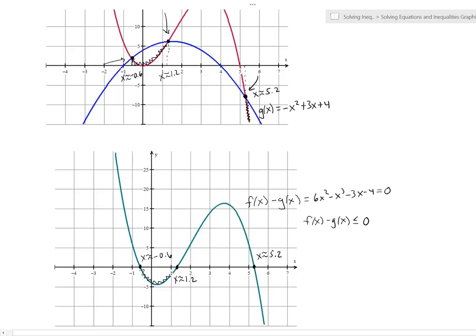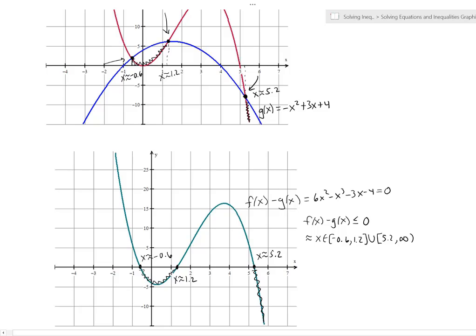All along that piece right there, and then over there where I squiggled. Hey, guess what? Same interval as before, as it should be. Approximately the answer to this inequality would be for x belonging to the interval negative 0.6 to 1.2 union with 5.2 to infinity.